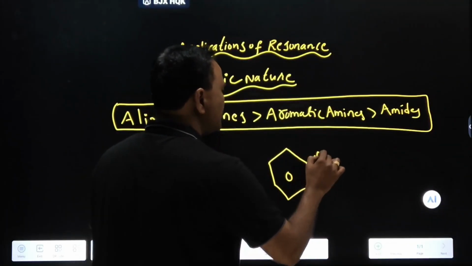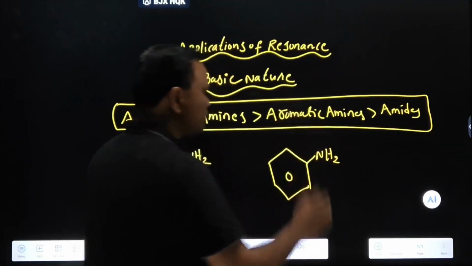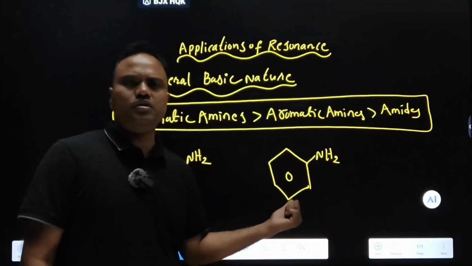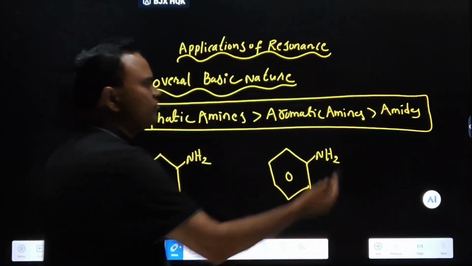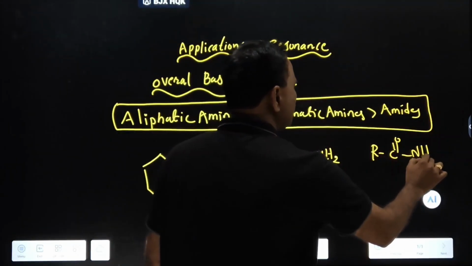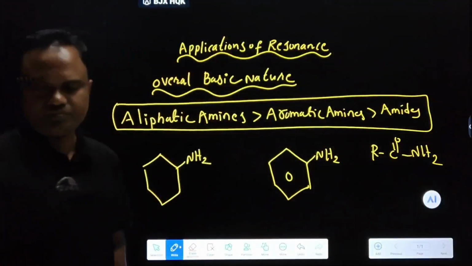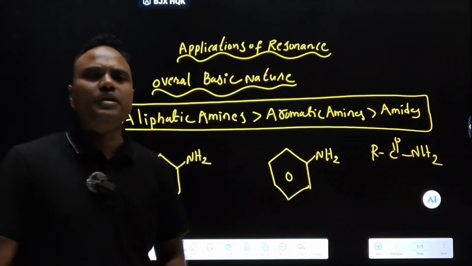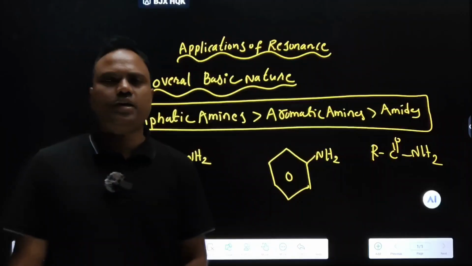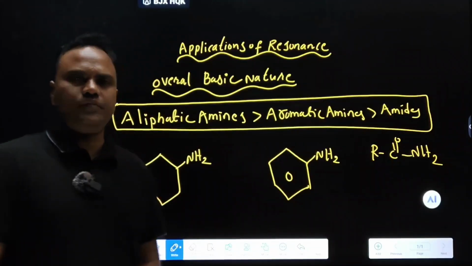When benzene ring is directly connected to nitrogen, that is called as aromatic amine. Okay, amides, you know amides general formula are C double bond O NH2.